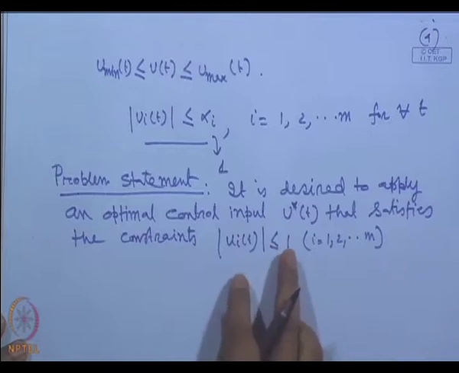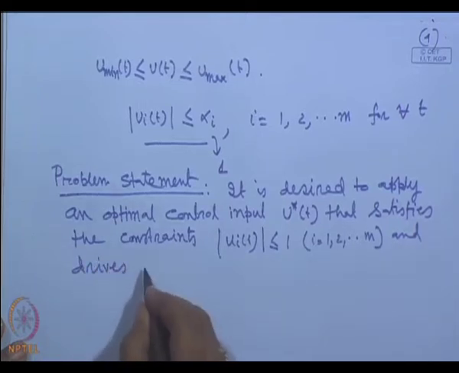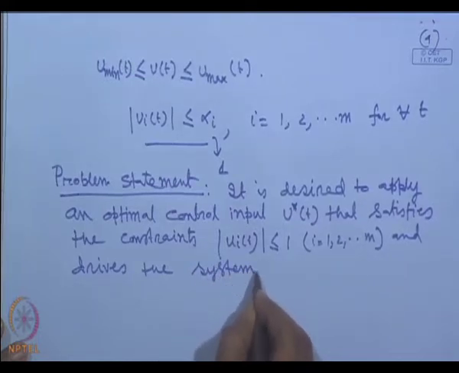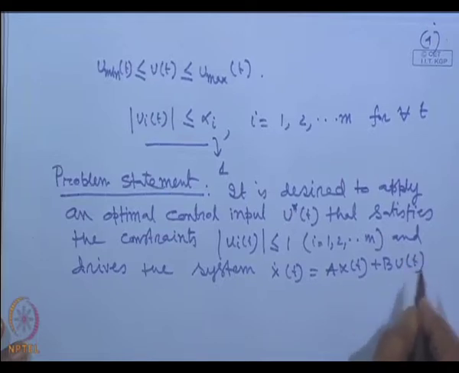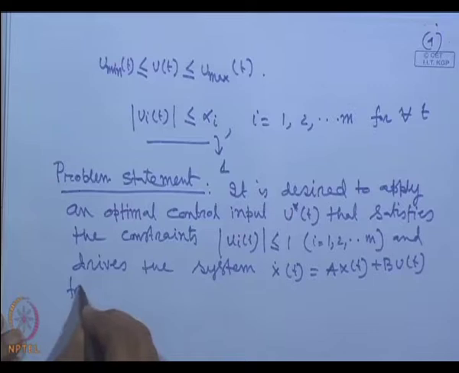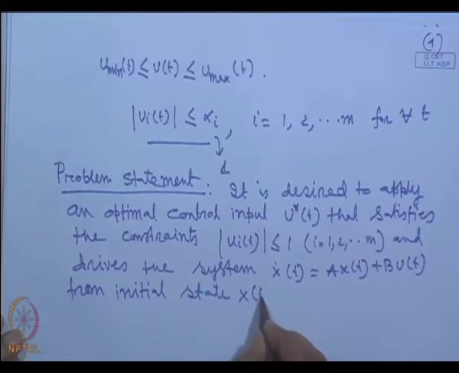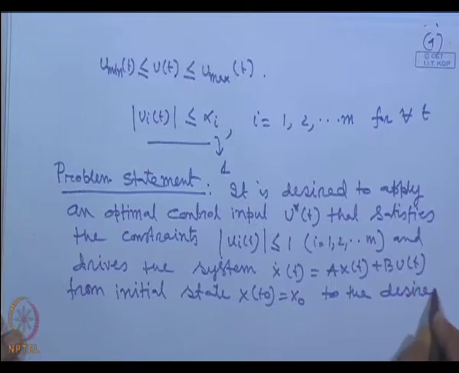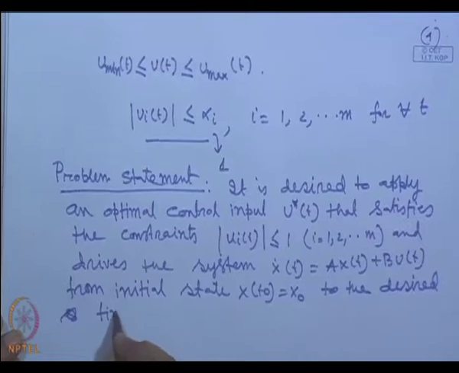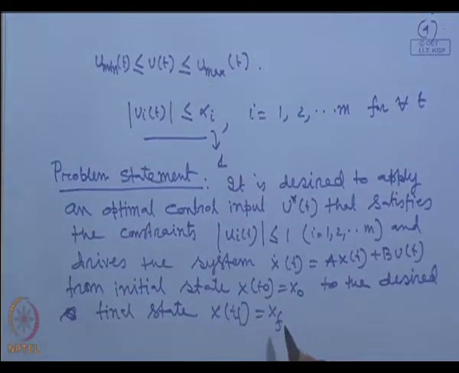For all cases with the limit restriction we made the same, and drives the system x dot is equal to A x of t plus B u of t, from the initial state x of t 0 is equal to x 0 to the desired final state x of t f is equal to x f in minimum time.